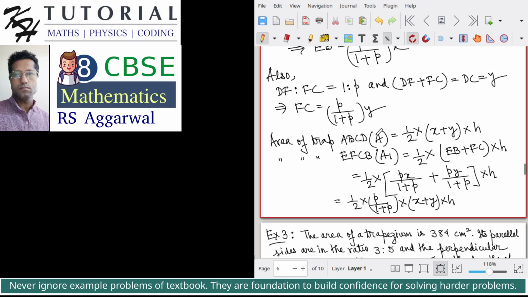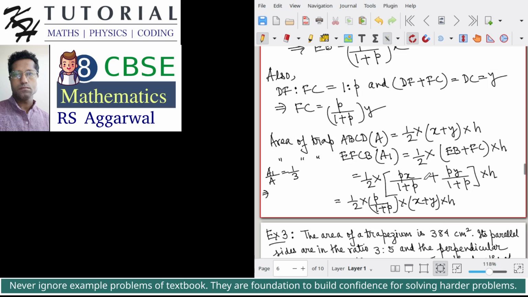Where will I write? Let me write it very small. What is A1? A1 by A is given to be 1/3. Now this implies, if you do A1 by A, A1 is half into P by 1 plus P multiplied by x plus y into h, and A is half into x plus y into h.